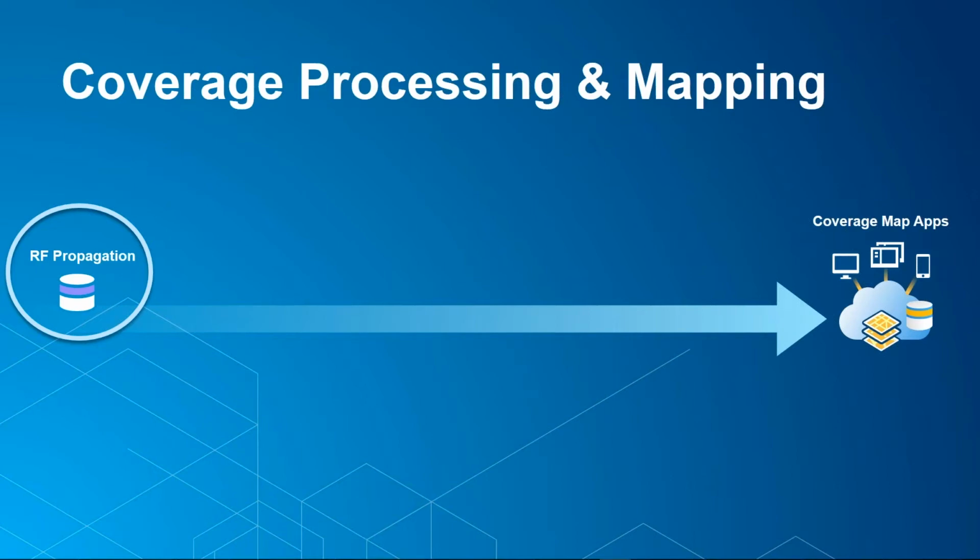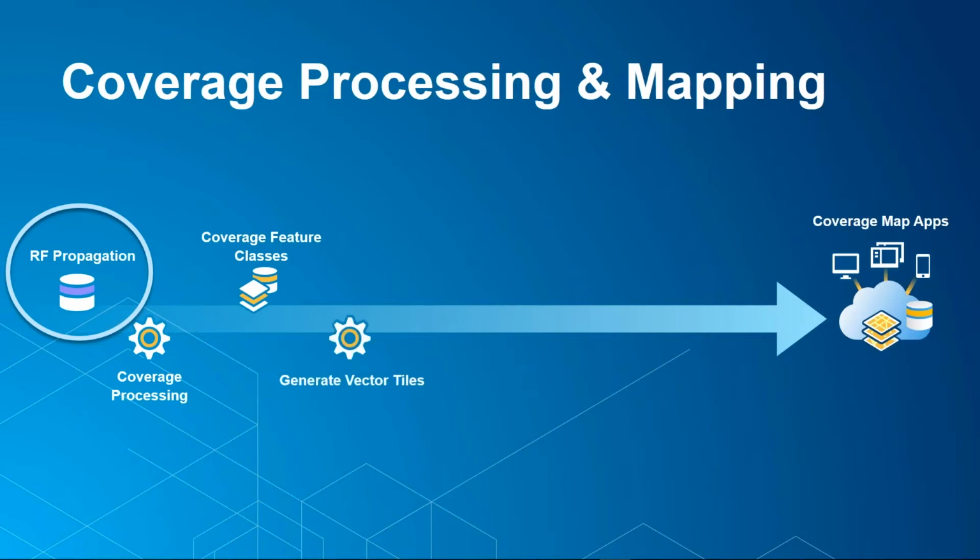So we can ingest that raw RF propagation data. Then using our coverage processing solution template, we can process that data, create coverage feature classes, generate the vector tiles, which will allow you to then share that information, publish it up to the server, which creates a vector tile package.